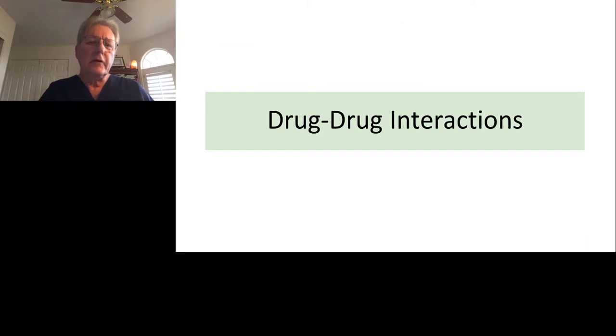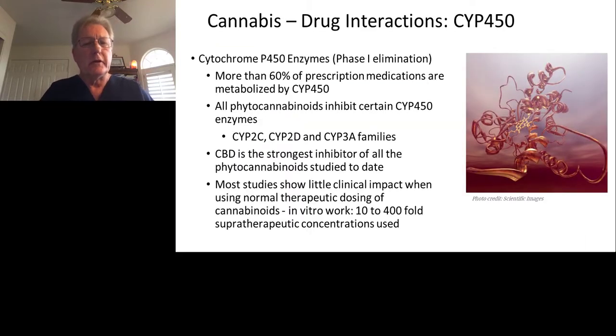The main drug interactions involved with cannabis involve the phase 1 elimination system, or the cytochrome P450 system. More than 60% of prescription medications are metabolized by this phase 1 elimination system in our liver.